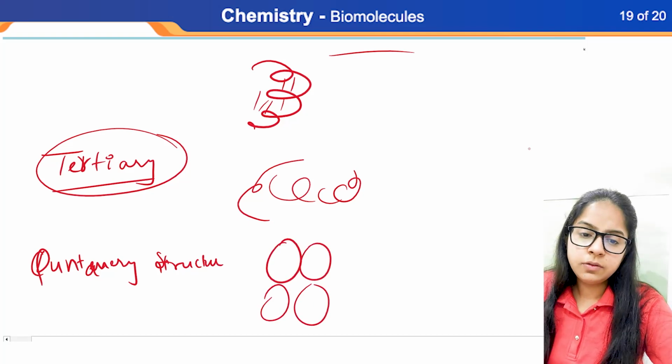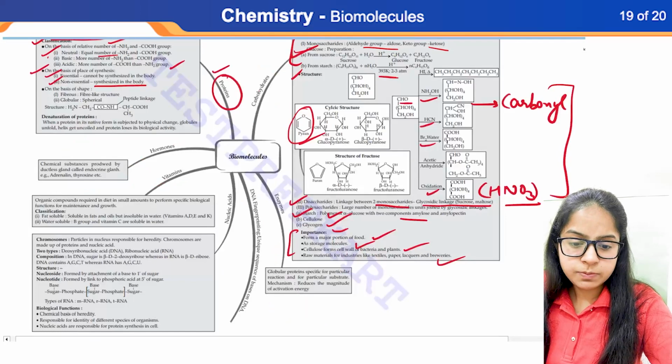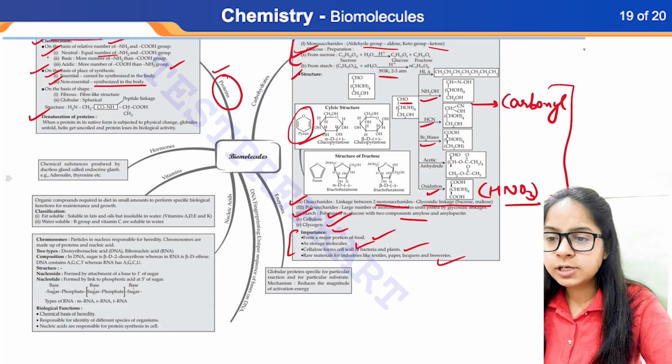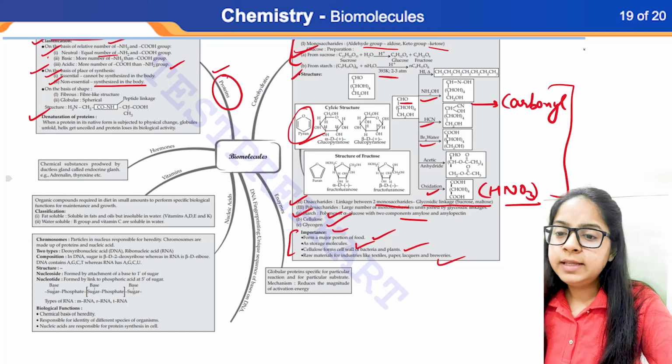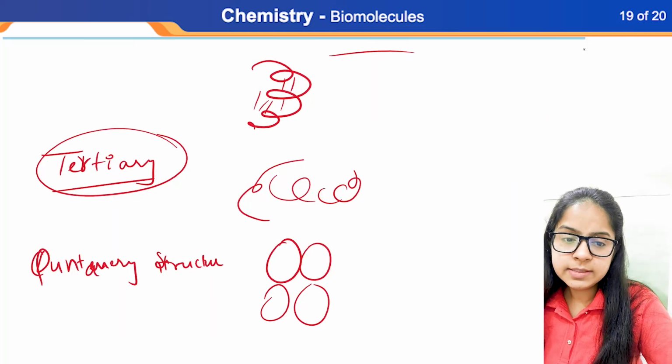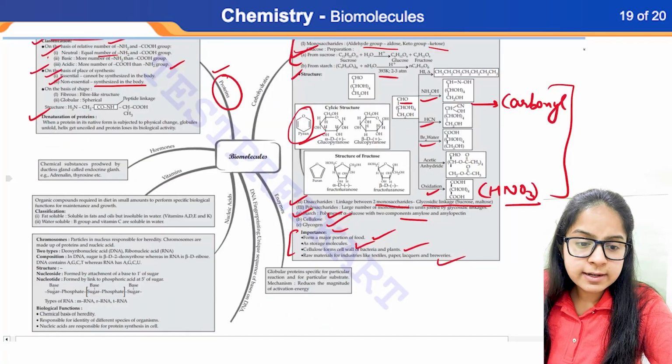Suppose we denature the protein by providing high temperature or by changing the pH. But remember that denaturation means when the protein loses its native form.